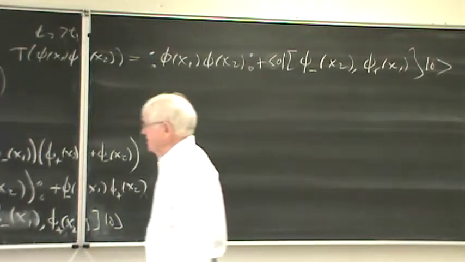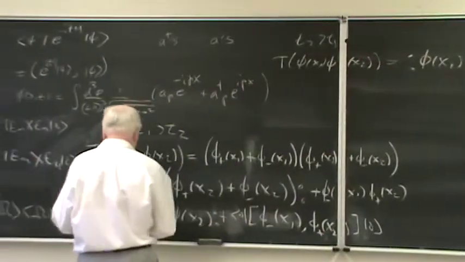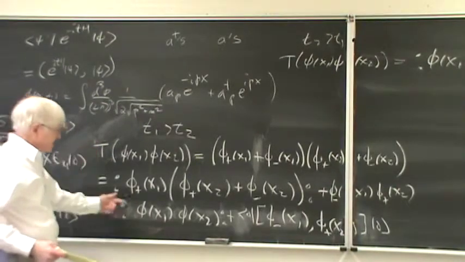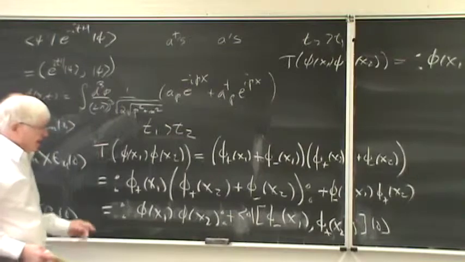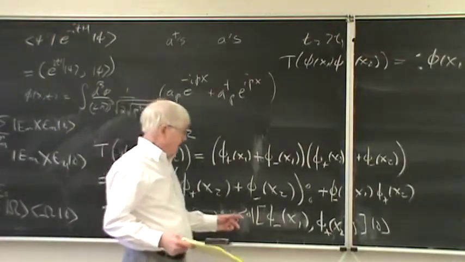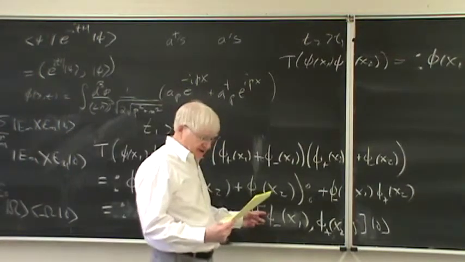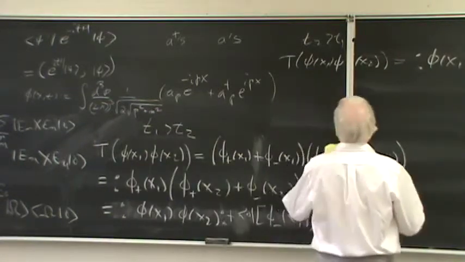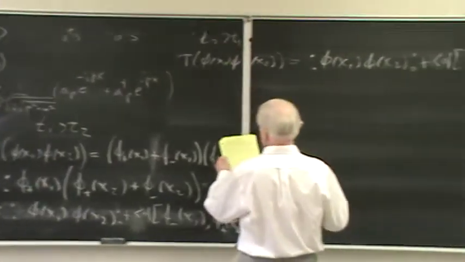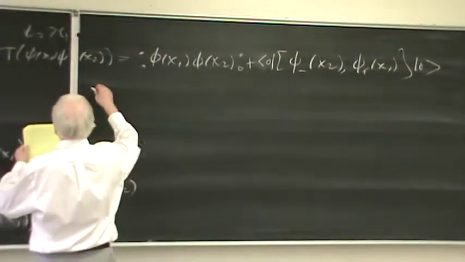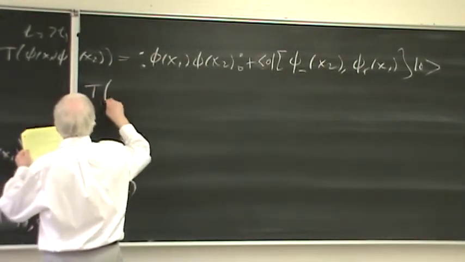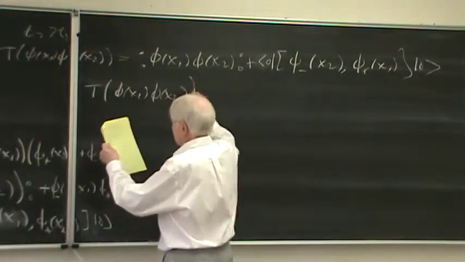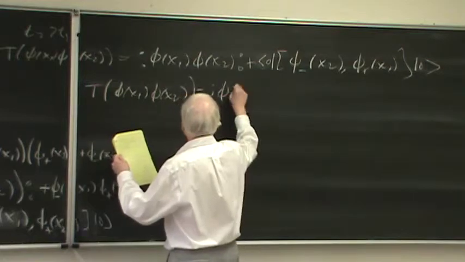Now what we have is that the time-ordered product is the normally ordered product plus the mean value in the vacuum of this commutator. And another way of writing this, putting both terms together, is that we get T of phi of x1, phi of x2. So the time-ordered product is a normally ordered product.